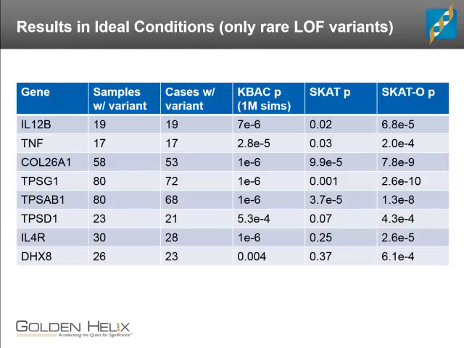If you assume a Bonferroni correction there, about 3 times 10 to the minus 6th is where you would declare significance. So with KBAC, 4 of the 8 would have been declared significant. With SKAT, only 2 of them, but definitely there's a trend in the right direction.